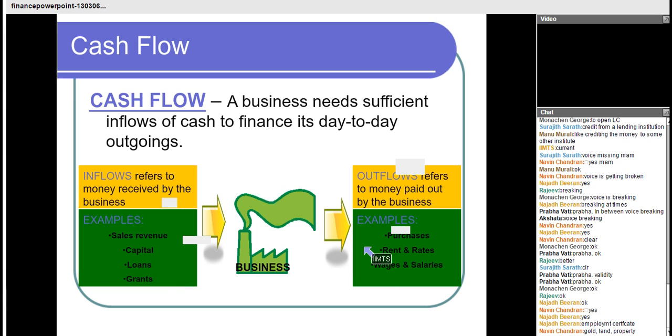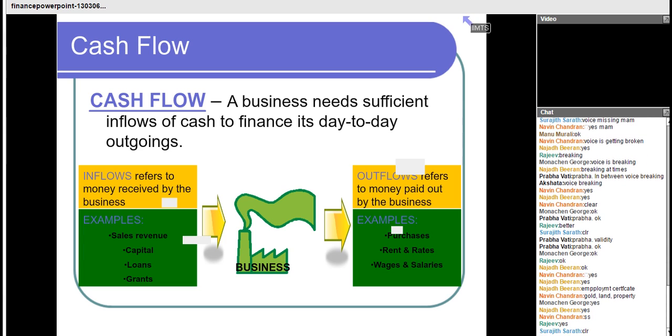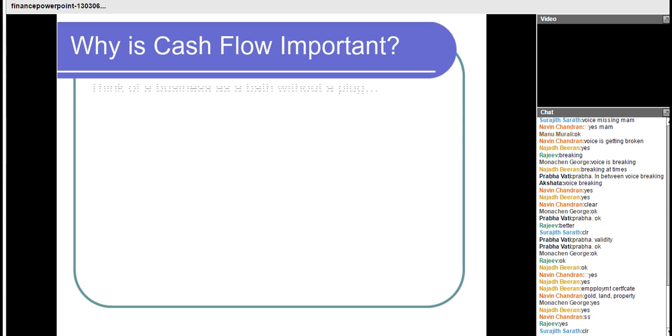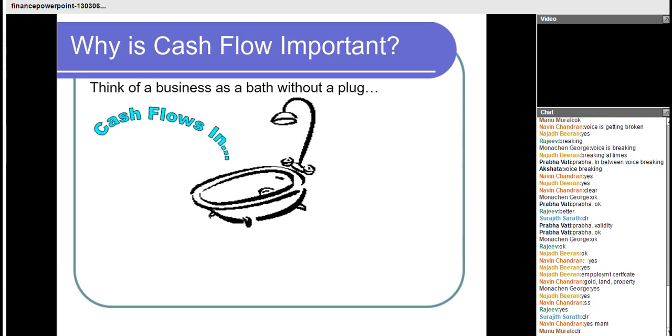What is the importance of this cash flow statement? If we are not going to keep a watch on our activities, then definitely we may not survive as a business in the long run. Our venture may prove to be a failure. So we need to have an eye on our earnings and our expenditures.